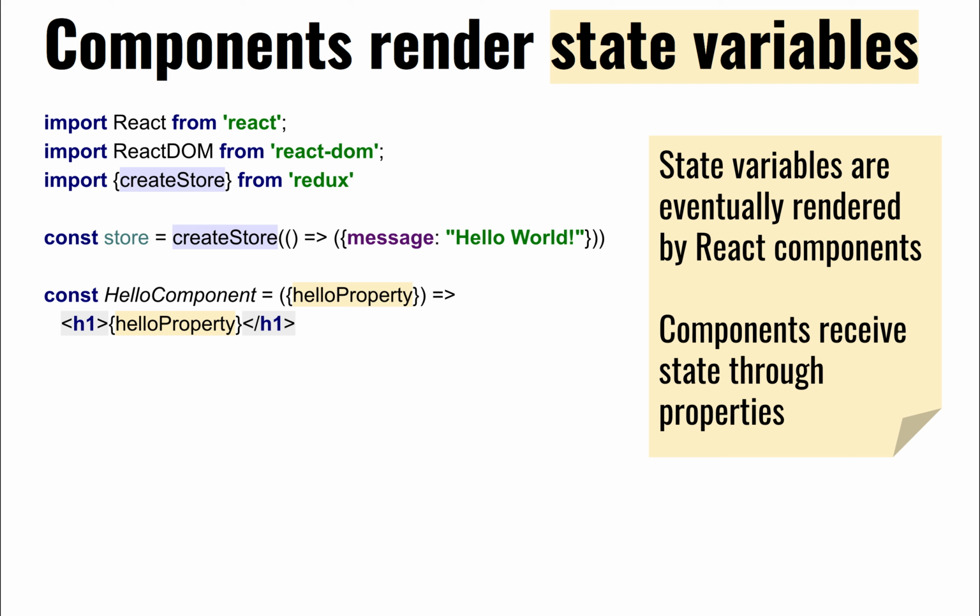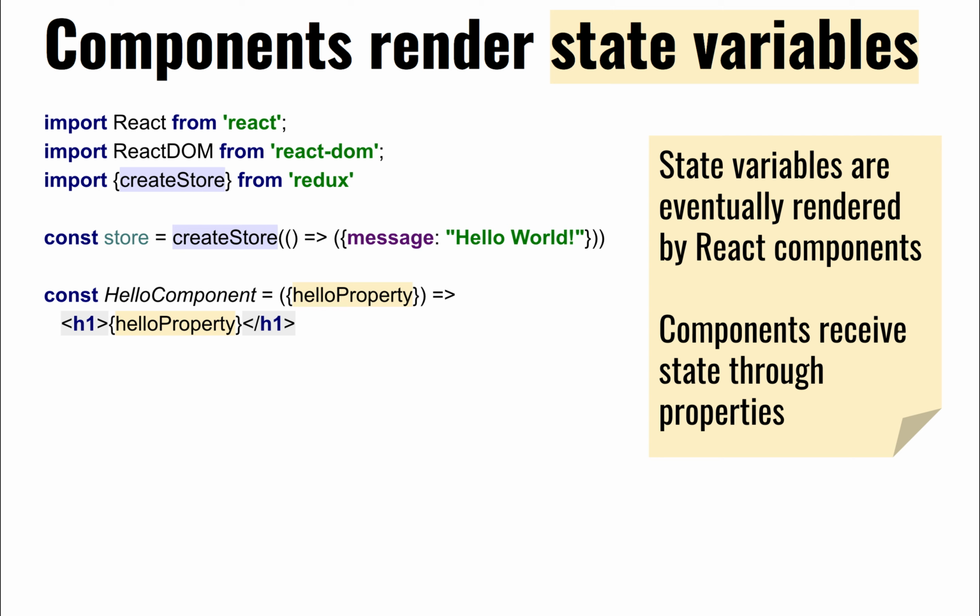And eventually, that state needs to be rendered somewhere, and presumably it will be rendered by this really trivial hello component that is expecting some data. It's a dumb component. It's not maintaining any of its state. Somebody's going to tell it, hey, this is the data that I want you to render. And we call it here the hello property.